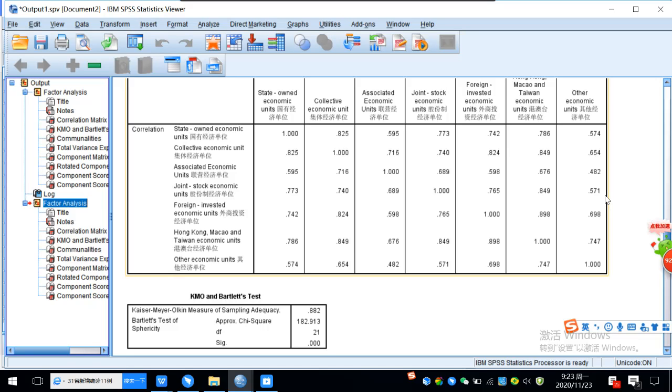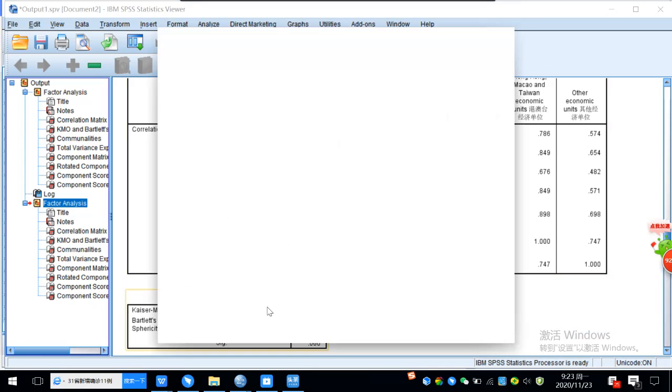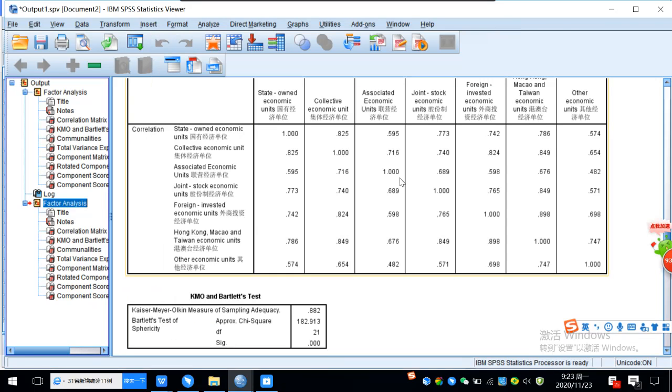So we use these two outputs. We can answer the first question, whether the original variables are appropriate for factor analysis.